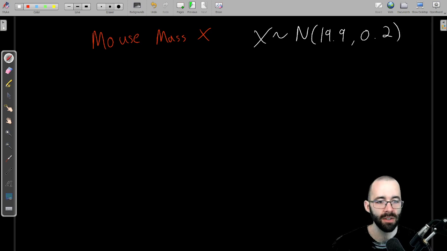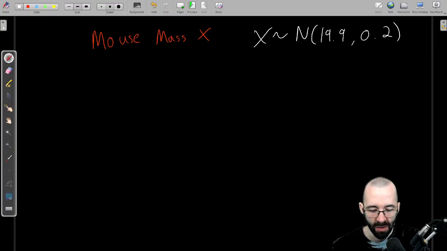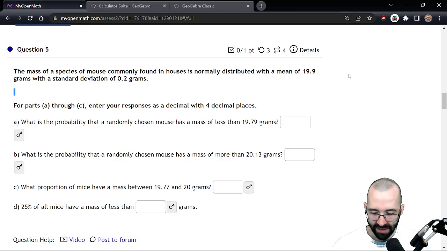That's the notation that we use here. Now it wants us to enter it as a decimal place. What's the probability that a randomly chosen mouse has a mass of less than 19.79 grams? So this one and the next one are really similar to the problem I just did. Just do the same thing, but put it as a decimal.